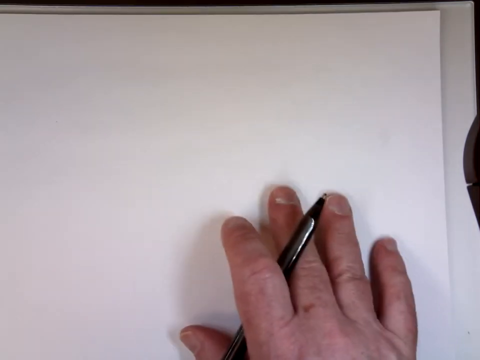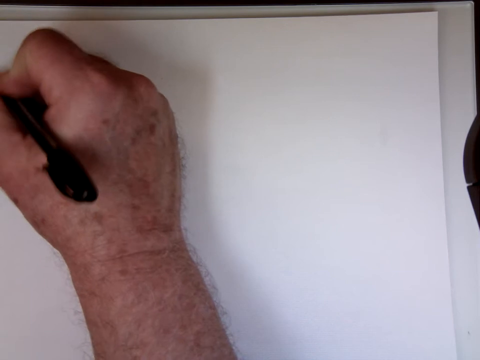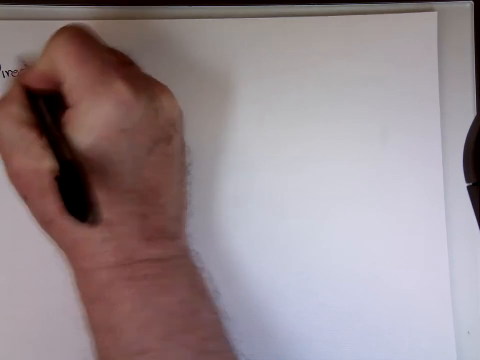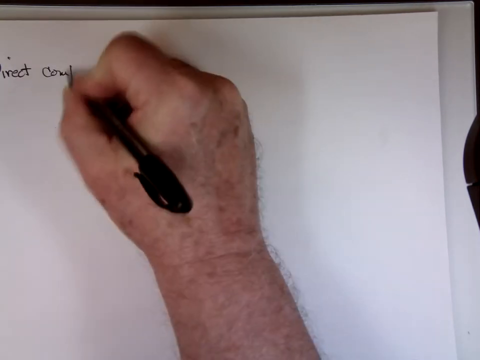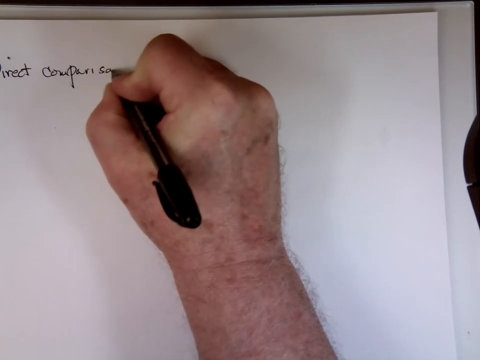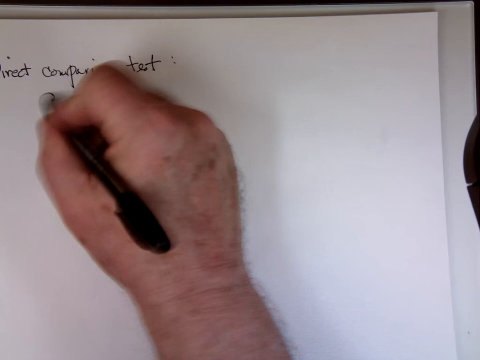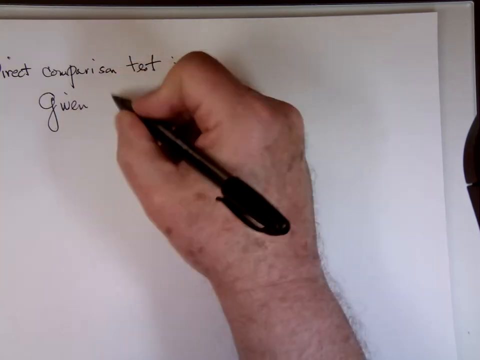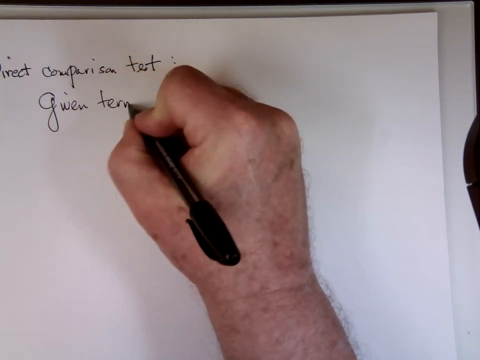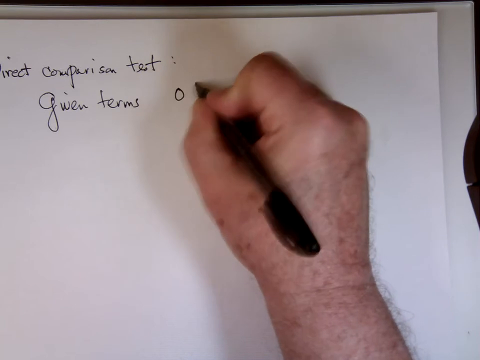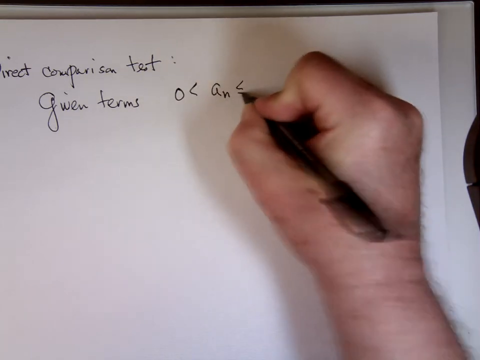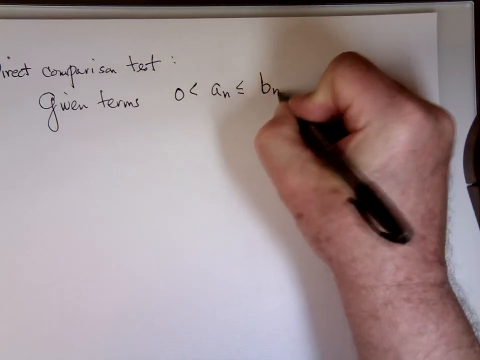There are two comparison tests that we have. The first one is called a direct comparison test. Let's say we're given these terms of two series. We're given these terms, the a sub n's and the b sub n's.